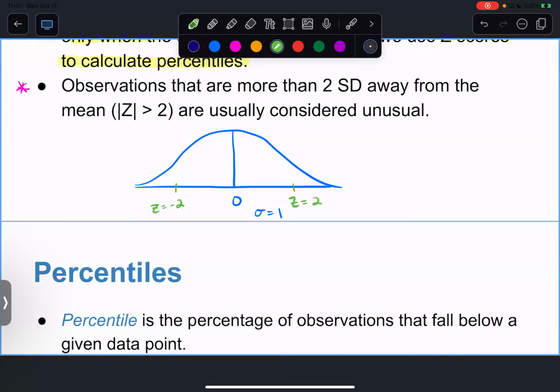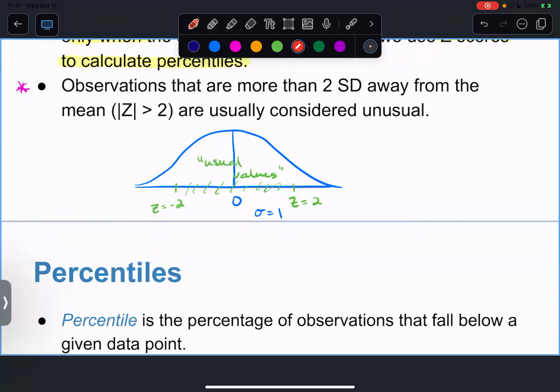So what we're going to say is that any values roughly between a Z of -2 and +2, these are all usual values. Things you wouldn't be that excited about. There's nothing unusual about them, right?